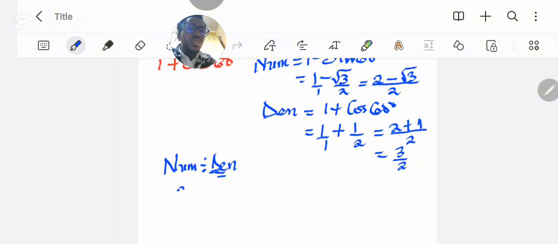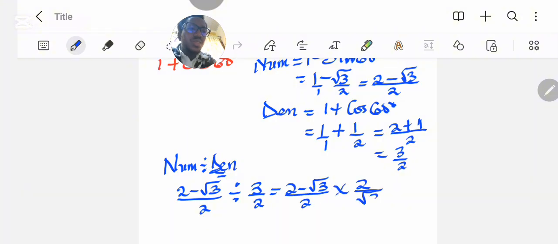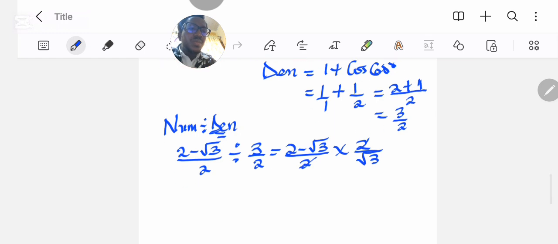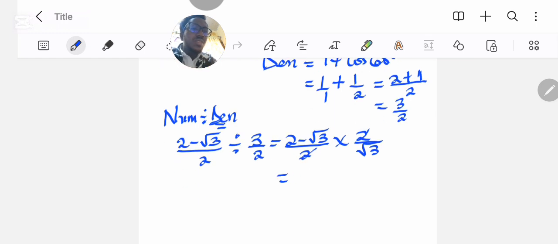For the numerator we got 2 minus root 3 over 2, divided by 3 over 2, and it's going to give us 2 minus root 3 over 2 times 2 over 3. The 2 here cancels the 2. Sorry, there's no surd in the denominator here. So if these two have cancelled, we are left with 2 minus root 3 over 3. This will be our final answer.